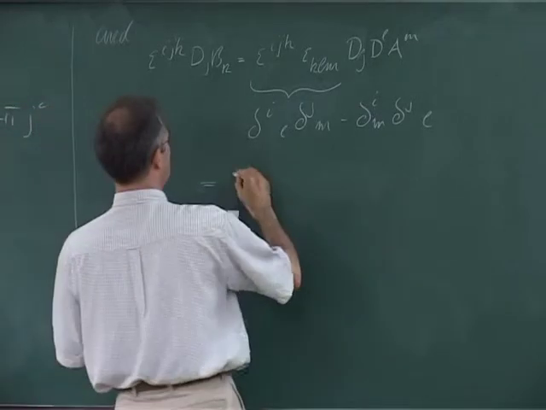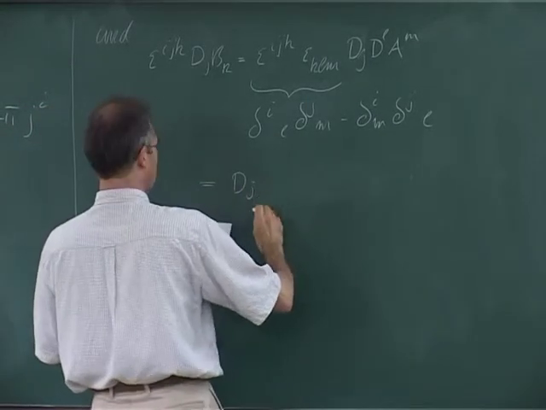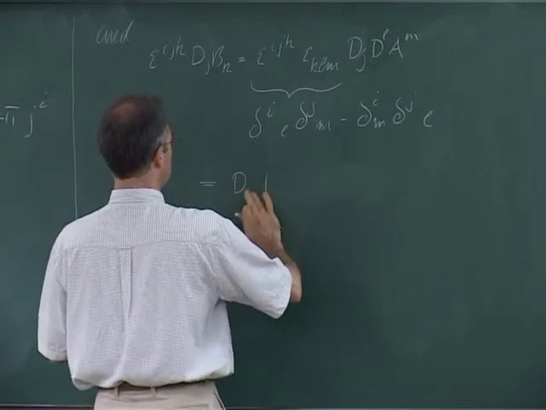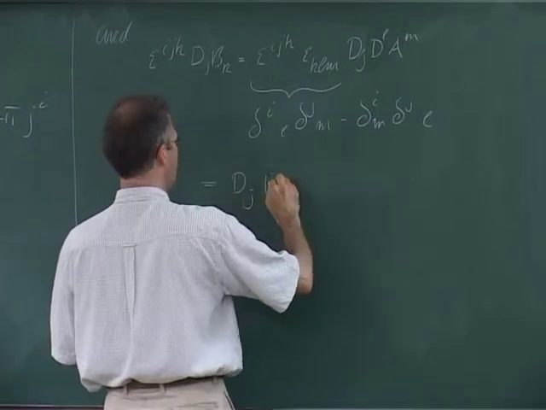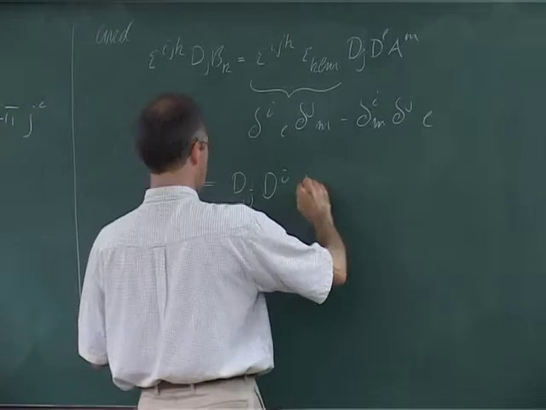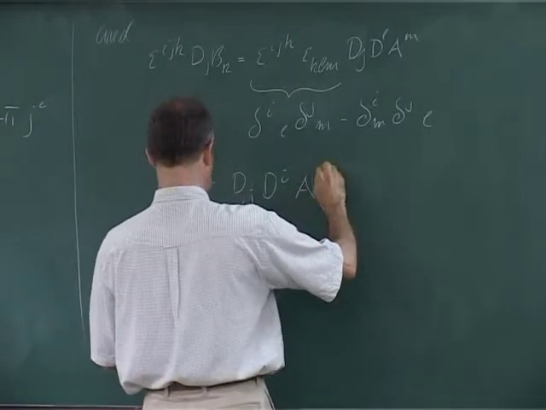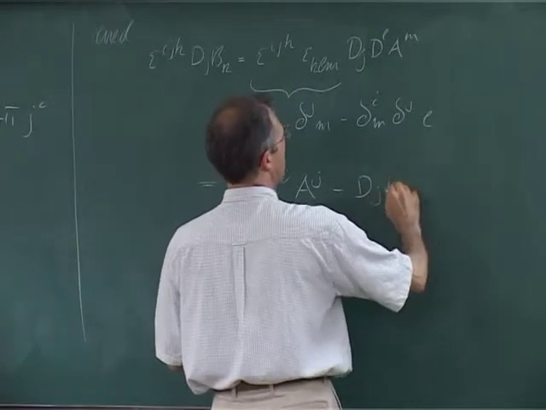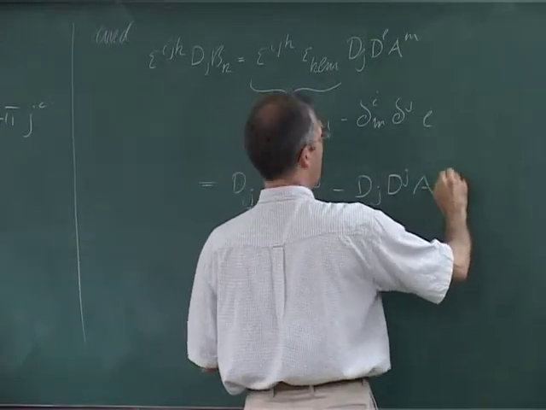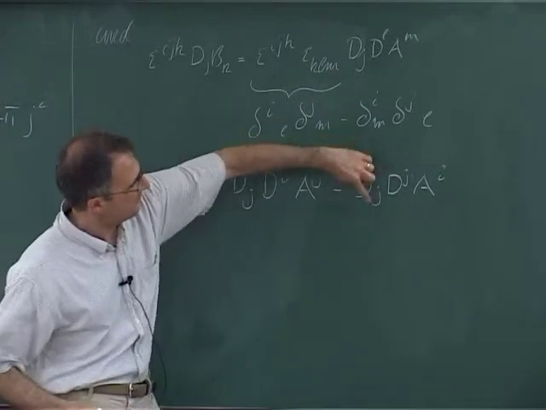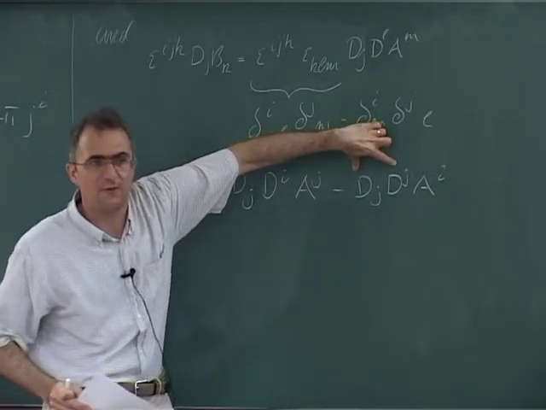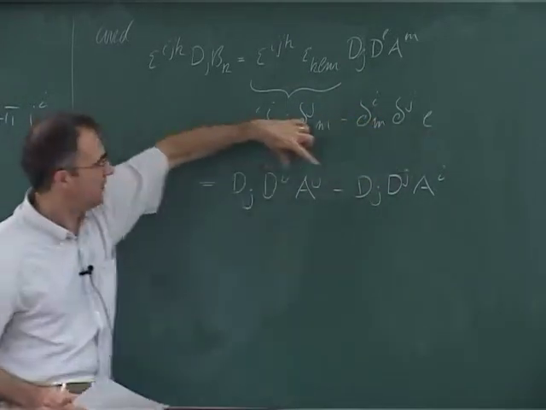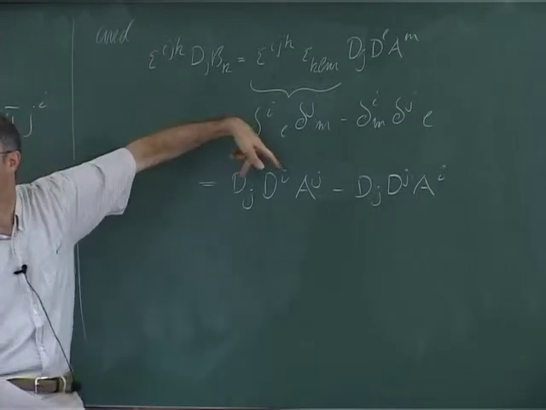One of them is d_j d_i A_j, minus d_j d_j A_i. Now, if you look at this, d_j d_j is a Laplace operator acting on A. This is more clear if we flip the two.